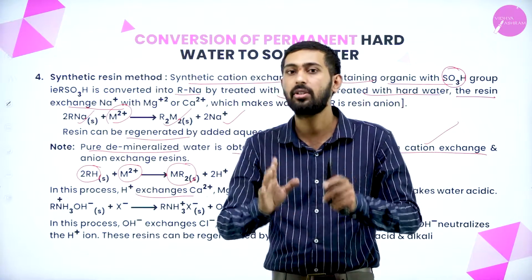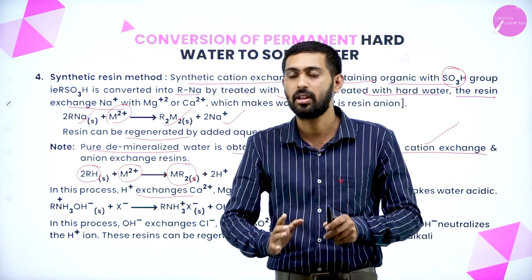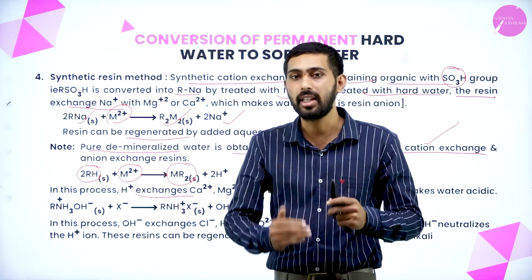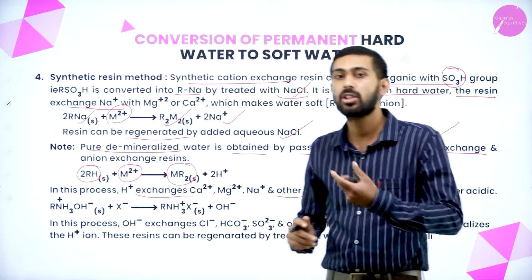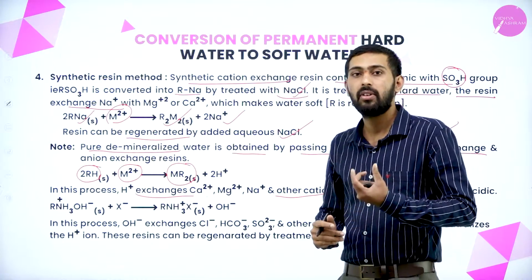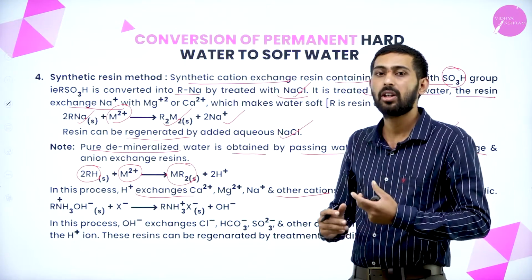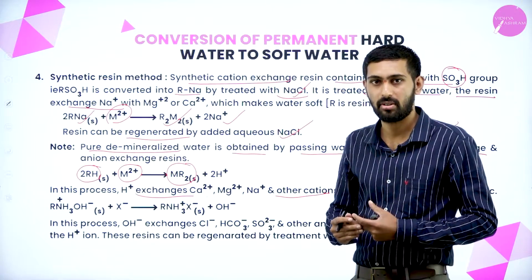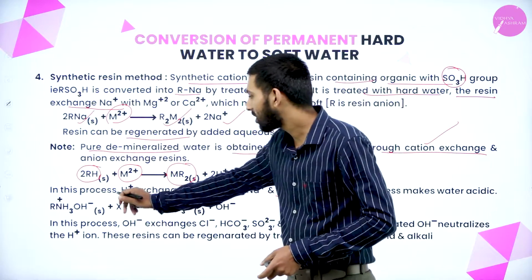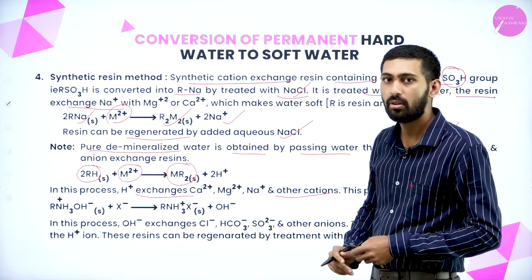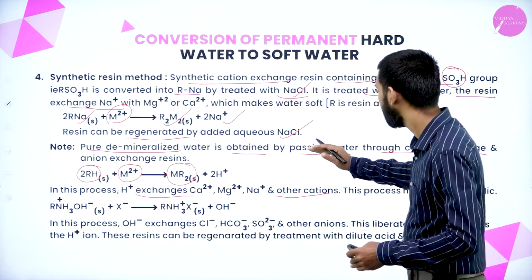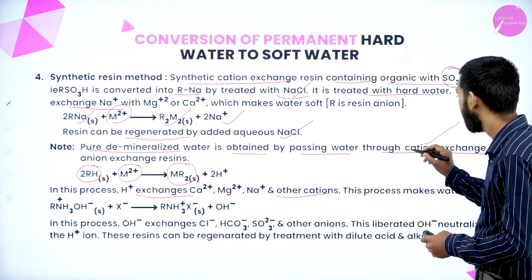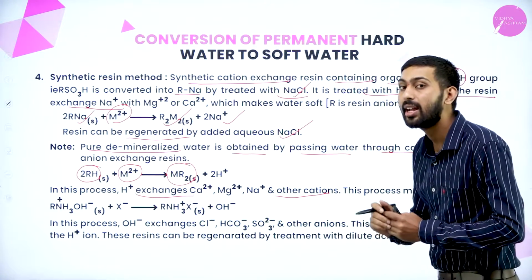So we are using ion exchange resins for the exchange of ions. Then we will get the particular minerals, the purest form of minerals. Only then can we get it. Otherwise it would not be a perfect technique. So here exchange of ions takes place. Purest demineralized water is obtained by passing water into the cation and anion exchange resins.